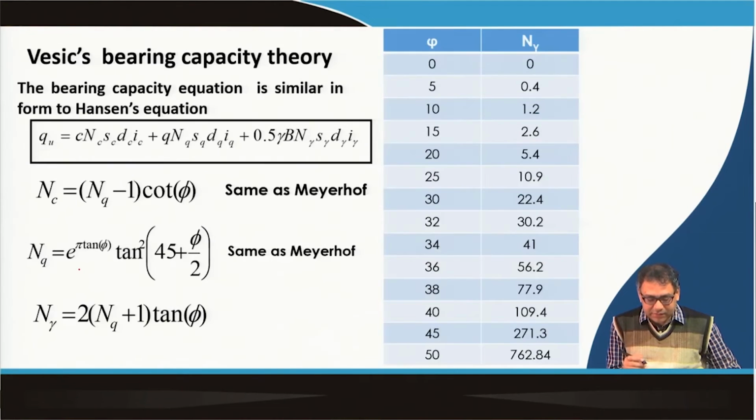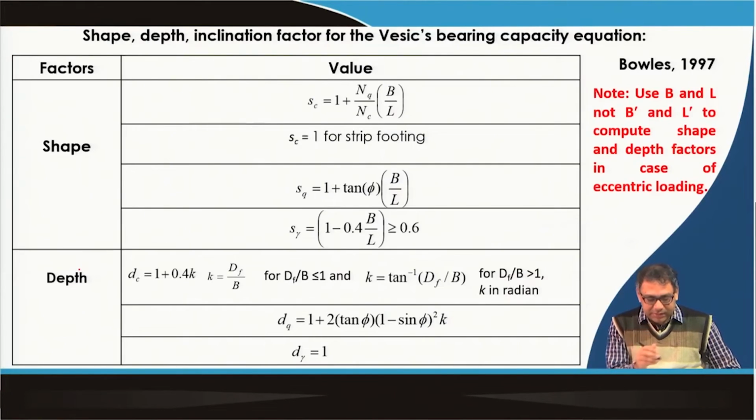Remember that in case of Hansen's, if phi equals 0, a particular equation is given, but here it is not given. So, if you use the Hansen equation for phi equal to 0, you have to use the equation which is given for phi equal to 0. But here in Vesic, you can see that type of equation is not given for phi equal to 0. It is a general equation where you can use these factors.